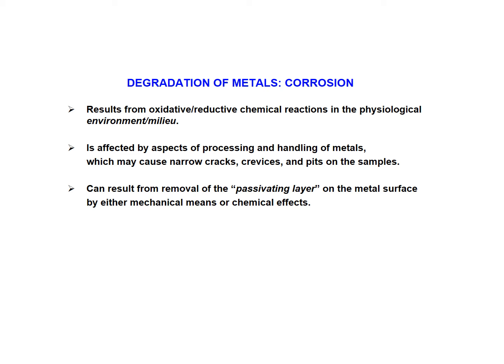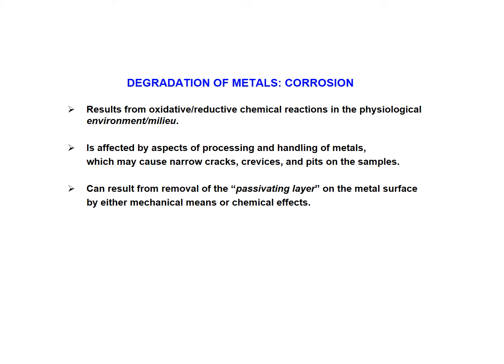What we mean by the passivating layer is the following. Remember that any material which is introduced inside the body is covered within seconds by proteins which are abundant in body fluids and in the body tissues.